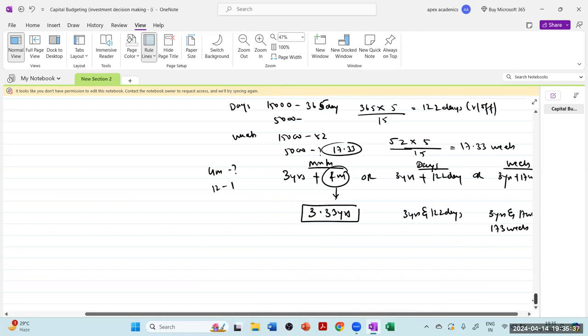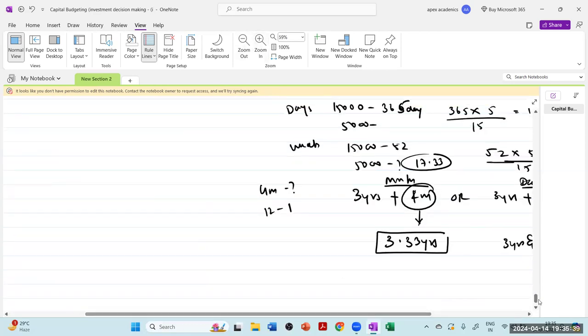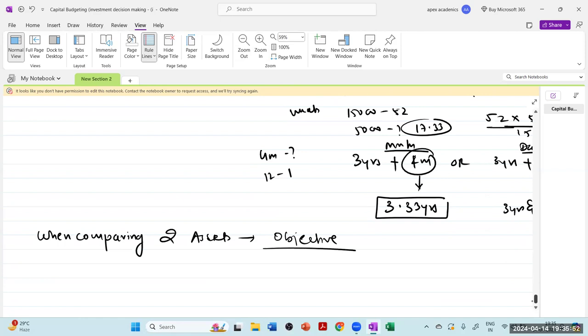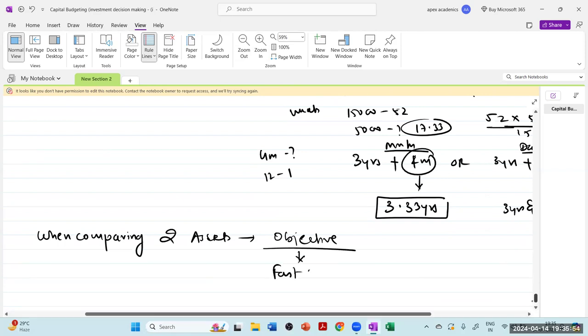Now, how to take the decision? Now, in the decision, remember, when comparing two assets or machines or whatever, what is the objective? The objective is fast recovery of funds. What is the objective?